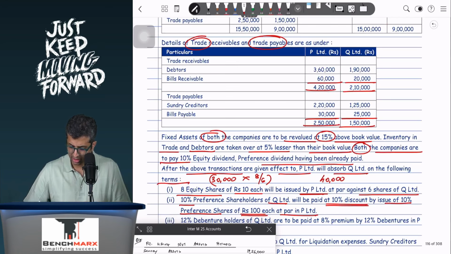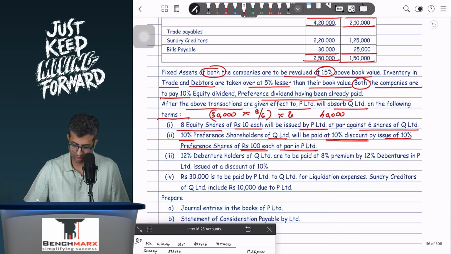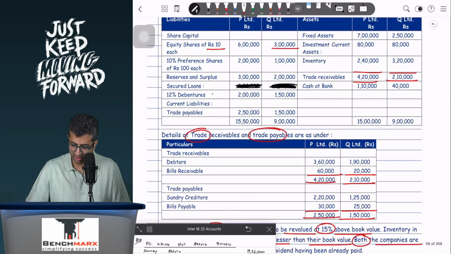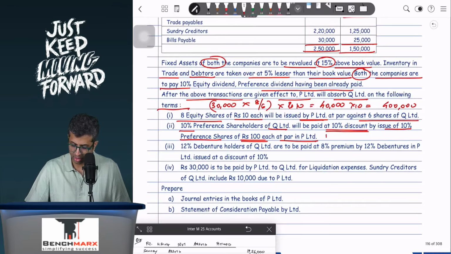So let us say this is rupees 10 if nothing is given. So this is 40,000 into 10, which can be 4 lakhs. And then when you look at preference shares, this is to be settled at a 10% discount. So 1 lakh minus 10% will come to 90,000. This is also a part of PC.